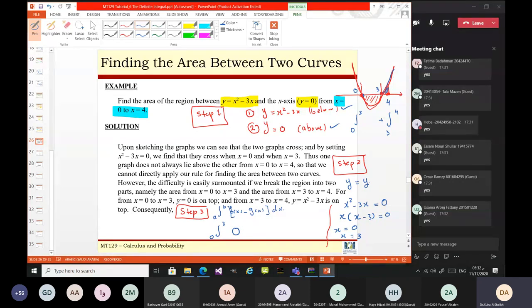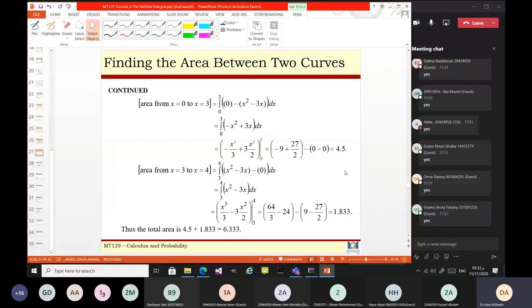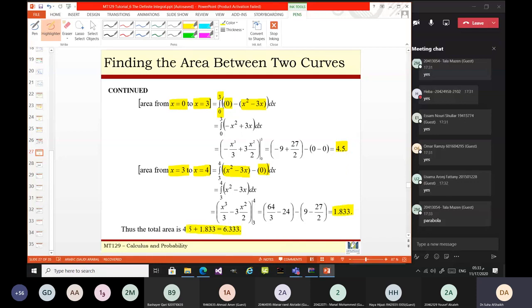And the one that is below is y equals 0. So the integration has 2 parts. First from 0 to 3, then from 3 to 4. From 0 to 3, it is 0 minus the parabola. From 3 to 4, it's the parabola minus the 0. And we find the integration of this one and this one, and we add all of them. This will give me the total integration or the total area.